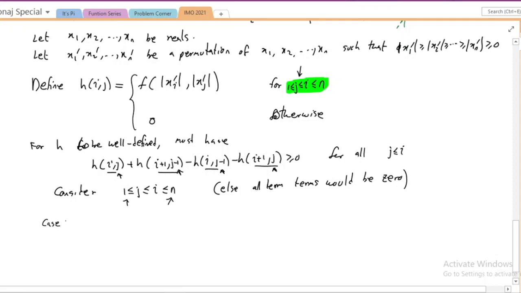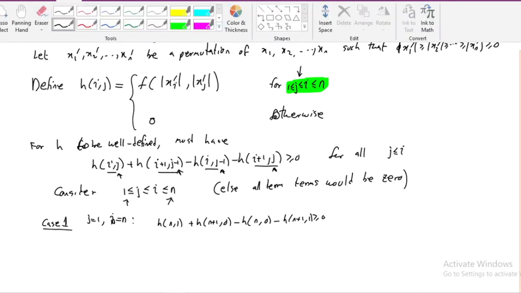So case 1 is where j is 1 and at the same time i is n. So when we have this, let me just write what we have. Most of these terms are gone, right?